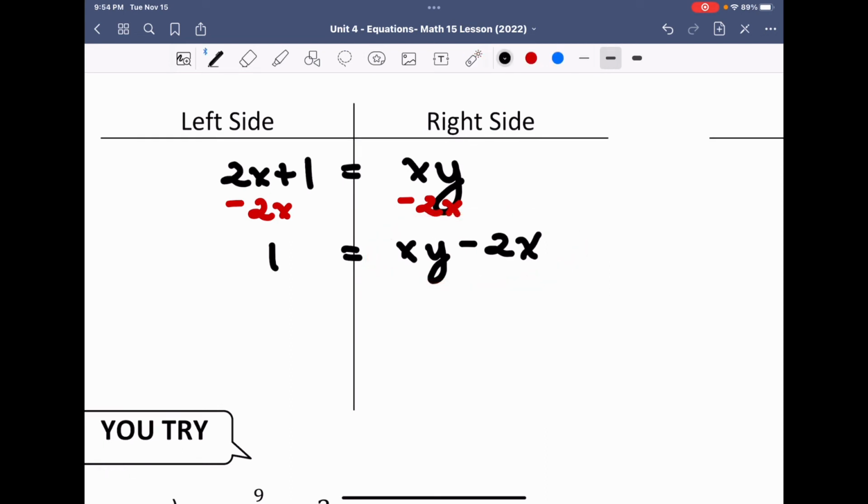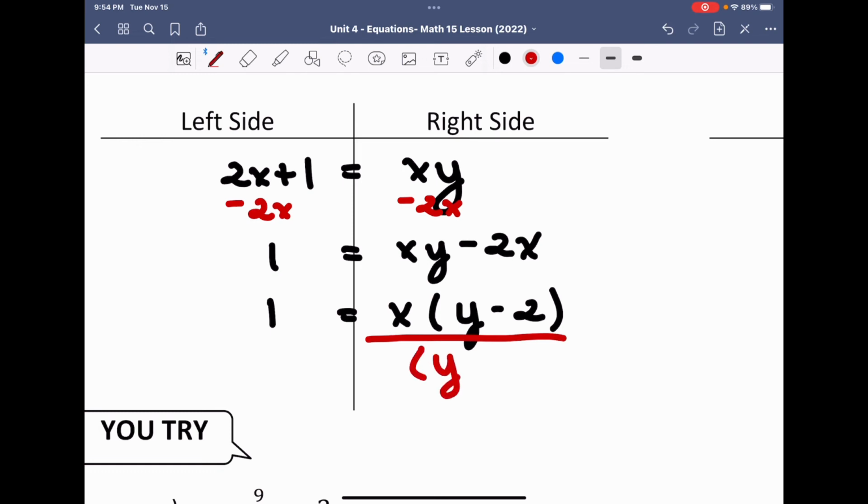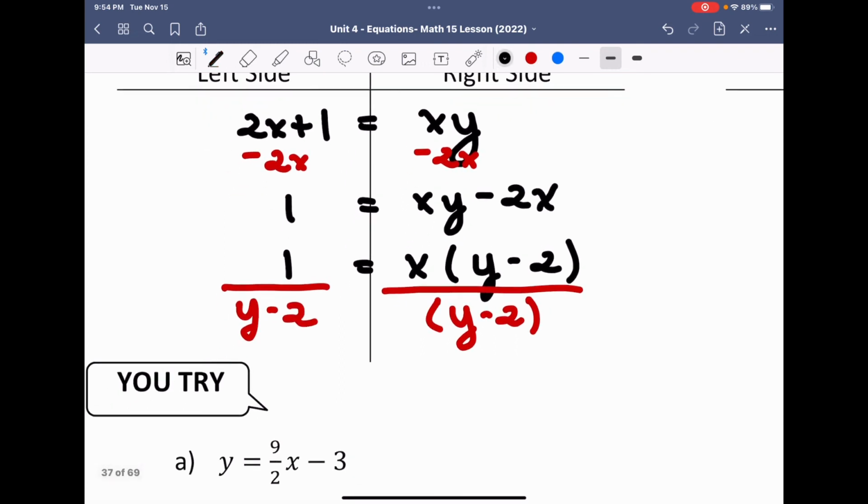They both share an x, so I get 1 is equal to x times y minus 2, if I take an x off both these terms, leaving y minus 2 on the interior. And finally, with x times this y minus 2, I need to take away the y minus 2 from both sides through division. Therefore, 1 over y minus 2 is equal to x.